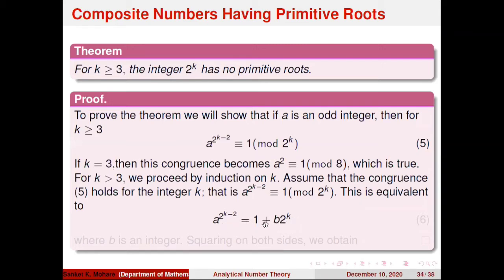By the definition of congruence from the first lecture of number theory, a is congruent to b modulo n implies n divides a minus b, so a minus b equals some n times k, which implies a equals b plus nk. Like that, here also a to the power 2 to the power k minus 2 equals 1 plus b times 2 to the power k.